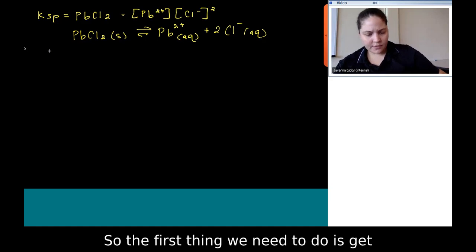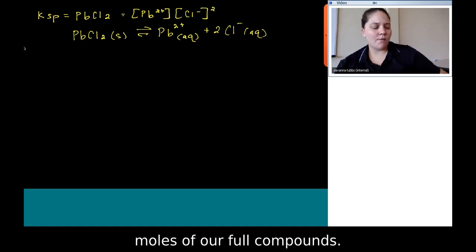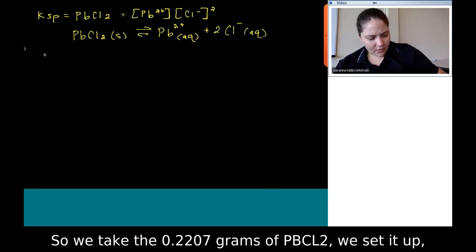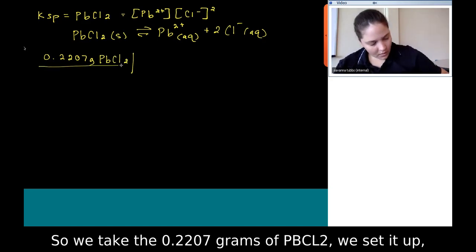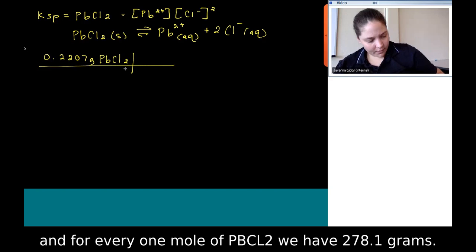So the first thing we need to do is get moles of our full compound. So we take the 0.2207 grams of PbCl2, we set it up, and for every 1 mole of PbCl2, we have 278.1 grams.